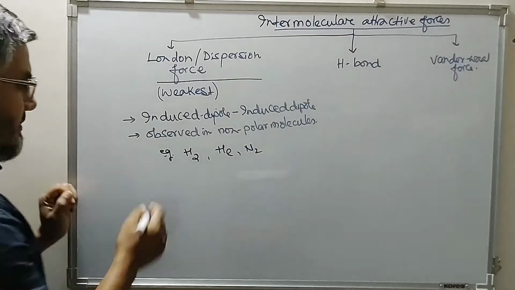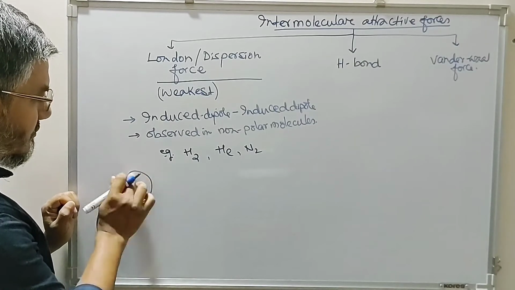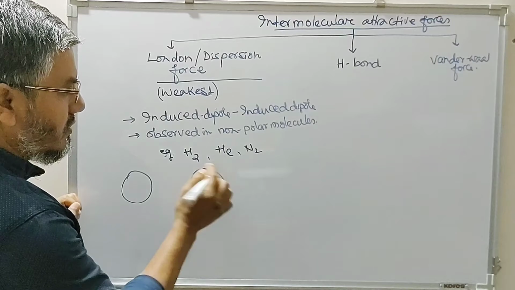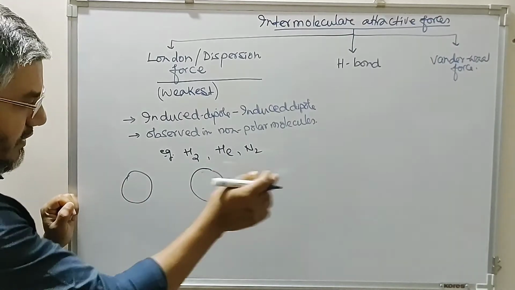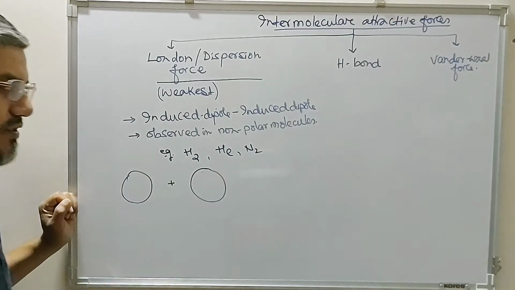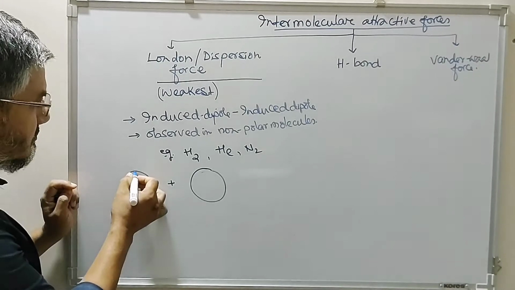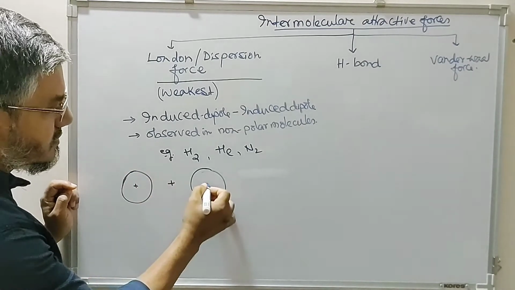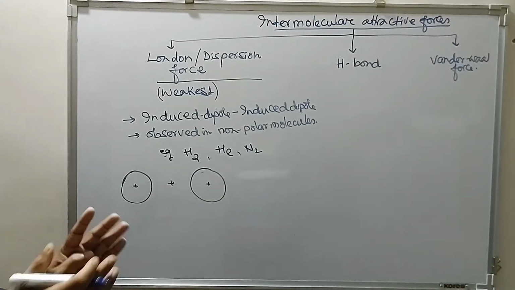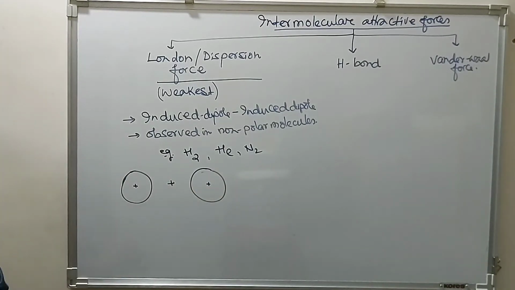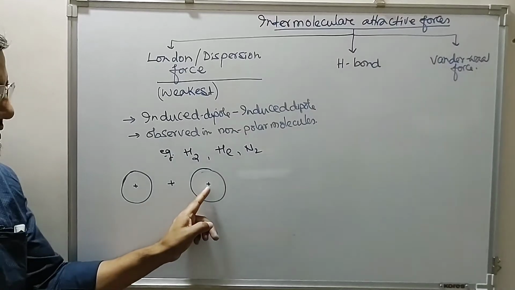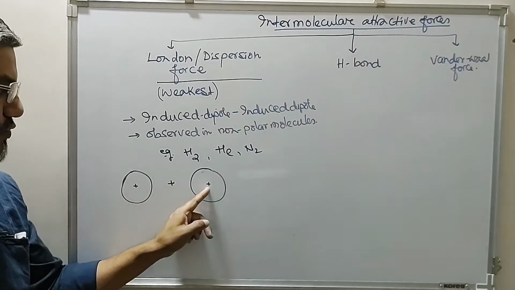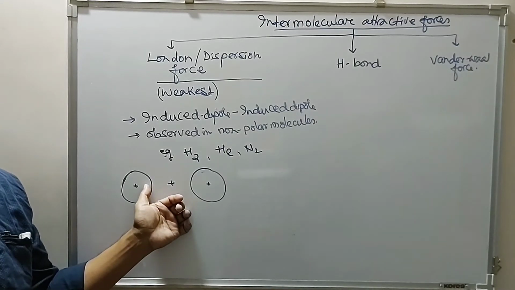Now let's take one non-polar molecule and a second non-polar molecule. They are at a very far distance, so there is no polarization of these molecules. This is the nucleus, this is the nucleus. Now when these non-polar molecules are brought closer to each other, this nucleus will repel this nucleus, whereas this nucleus will attract the electrons of the other non-polar molecule.